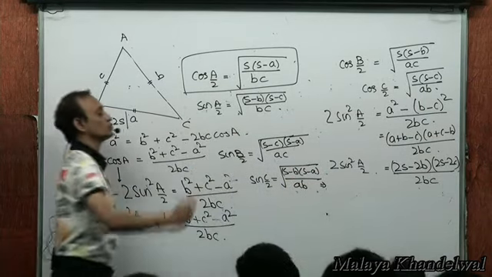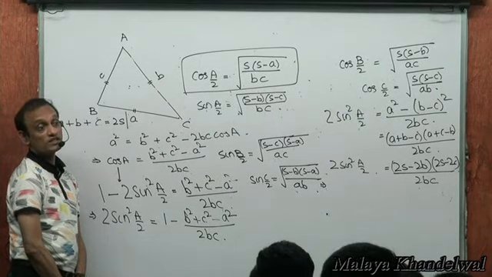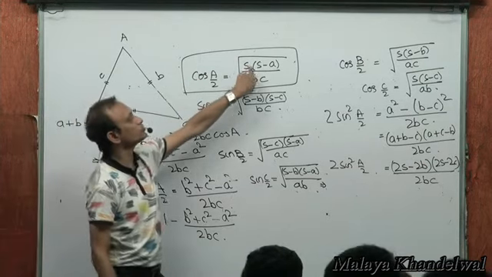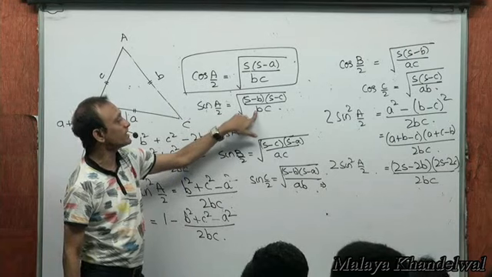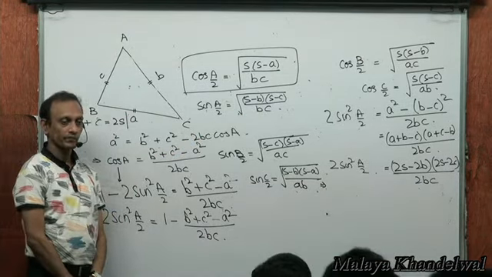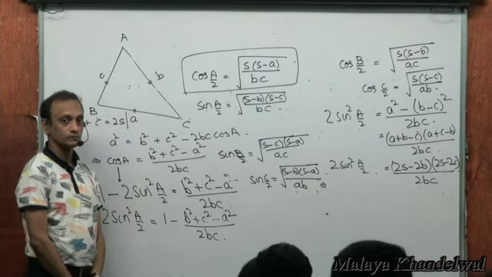That's sine C by 2. So these are half angle results. Cos A by 2 is root of s into (s minus a) by bc. Sine A by 2 is root of (s minus b) into (s minus c) by bc. Right?